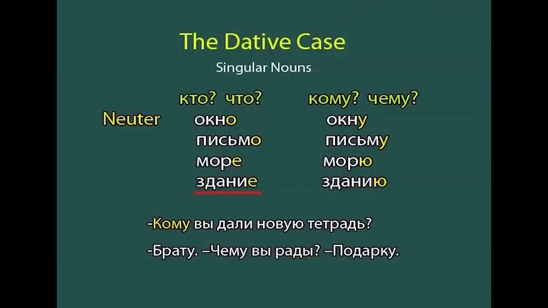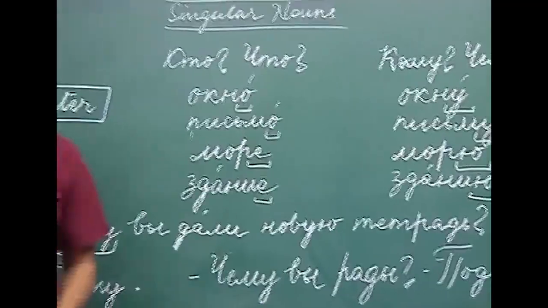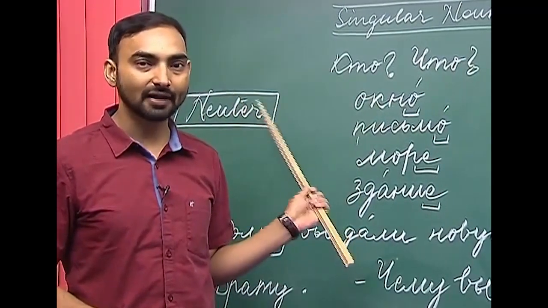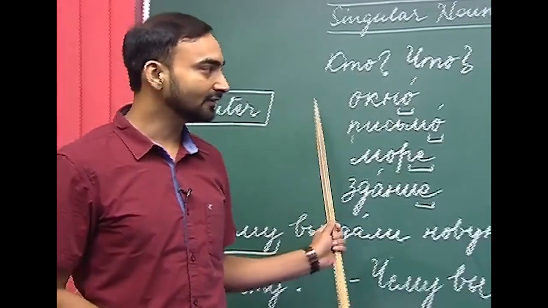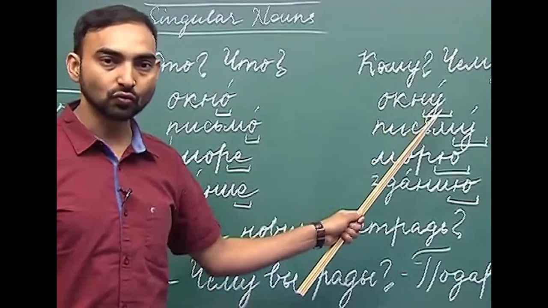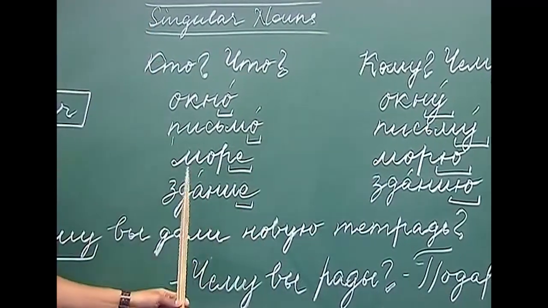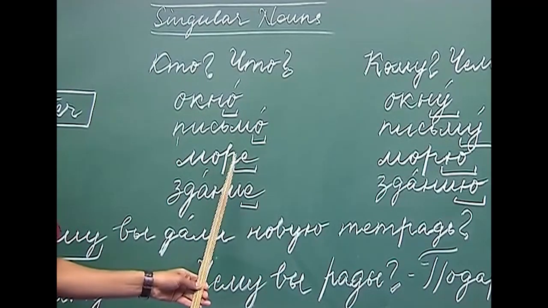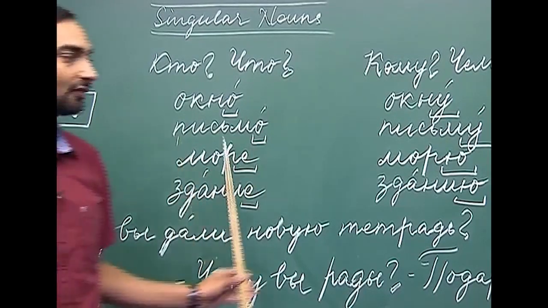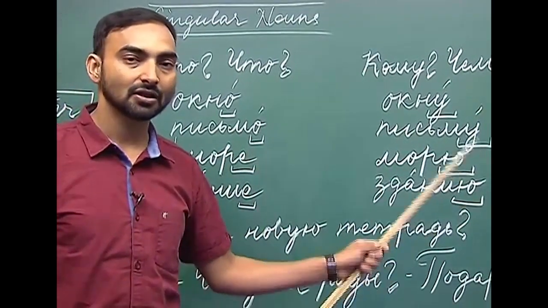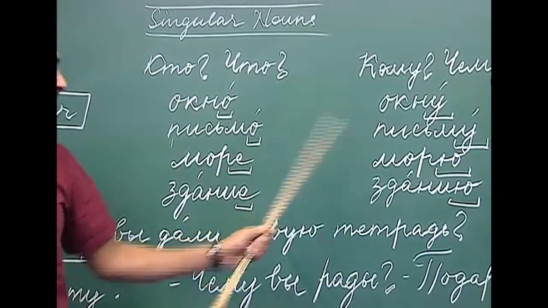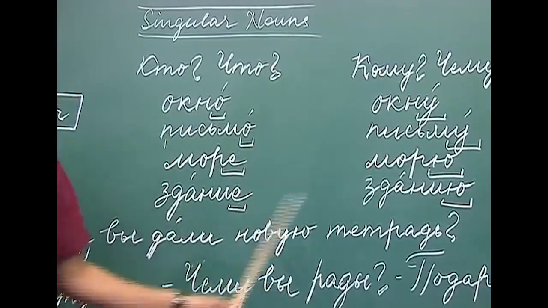Zdanie, zdaniyu. So, basically there are two endings, hard ending and soft ending. If we come across a hard ending neuter gender noun, it will change to u, and if the noun is soft ending or ends with the soft vowel ye, then the soft vowel ye will be replaced with the soft vowel yu. Akno, aknu, pismo, pismu, more, moryu, zdanie, zdaniyu.